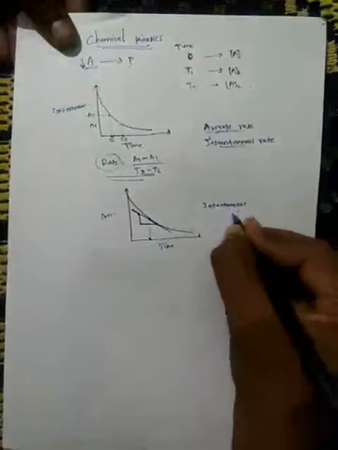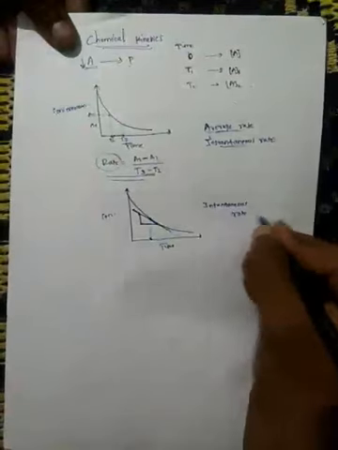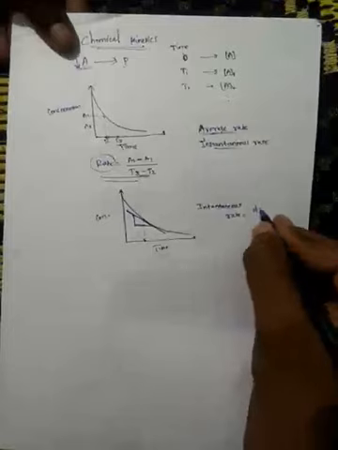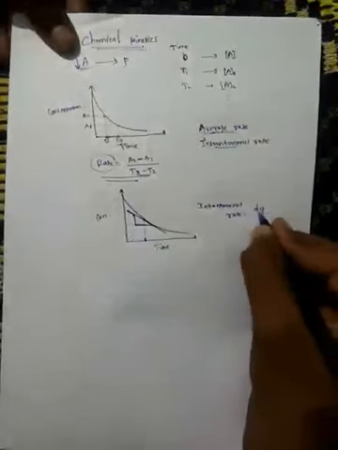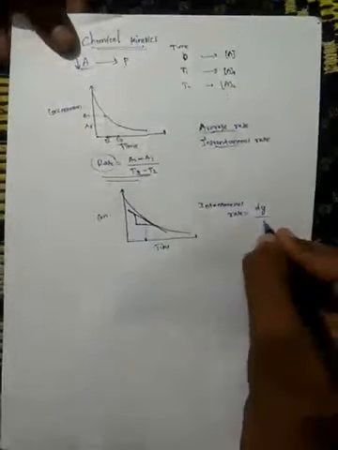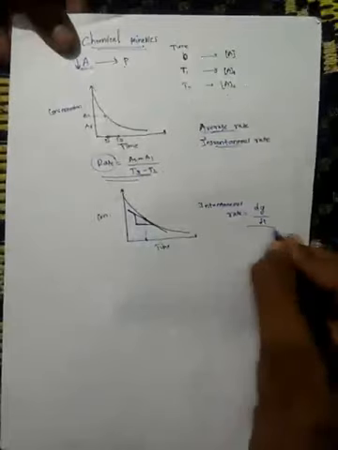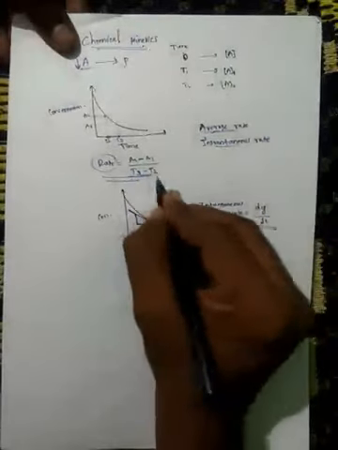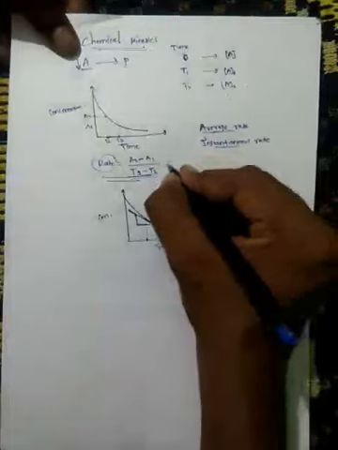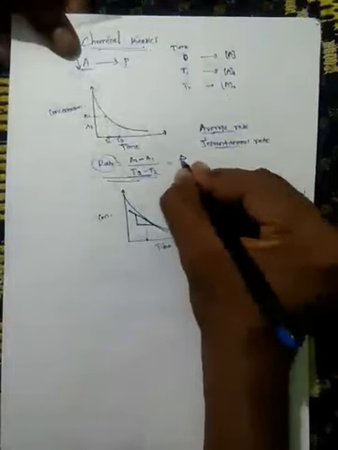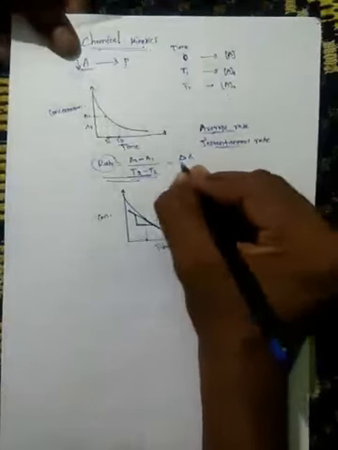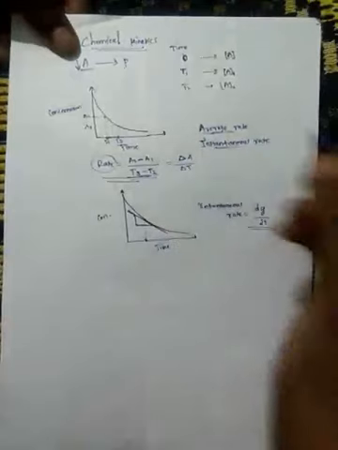Instantaneous rate will be given simply as the change in concentration dy with the change in time dt. This is called instantaneous rate. This is called average rate. Here you say change in concentration with the change in time.